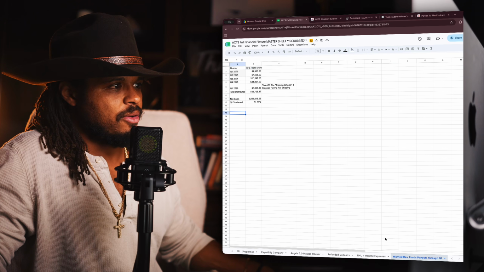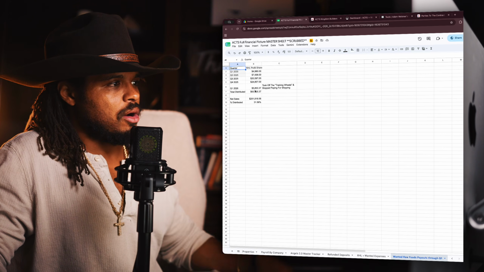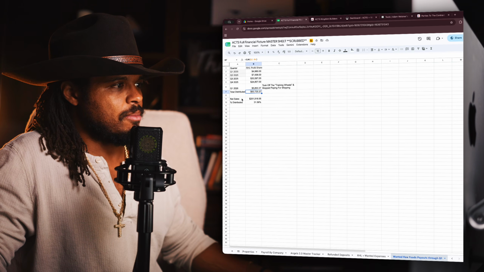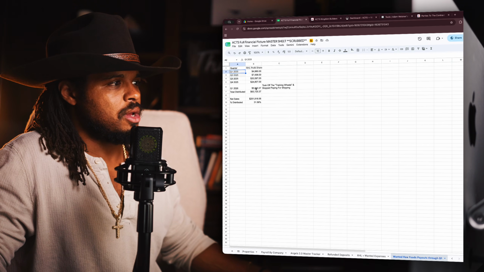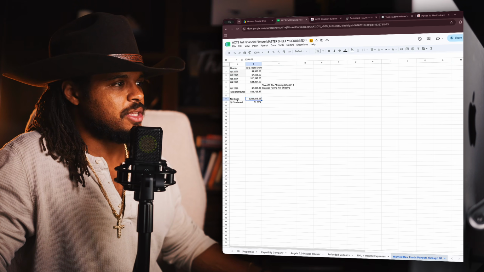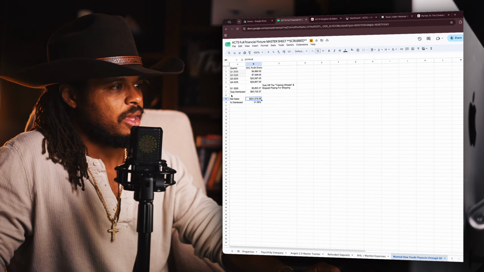Now we have Wanted Raw Foods payouts through Q1. These are the different amounts of money that we've shared out in the different quarters, quarter one, quarter two, quarter three, quarter four, and quarter one of 2026, compared to the net sales. These are net sales represented in Shopify.